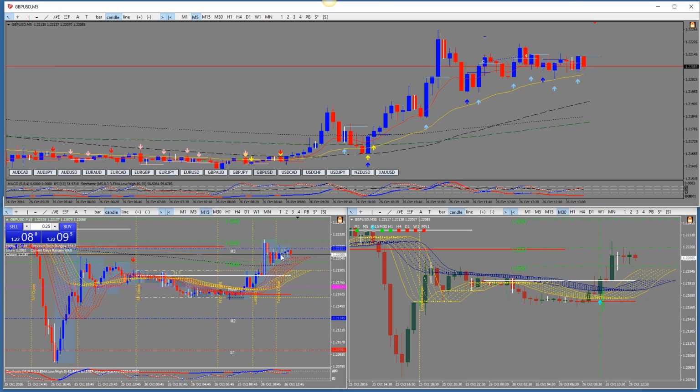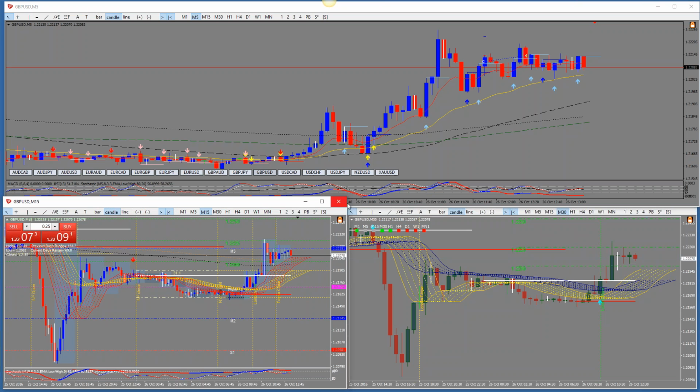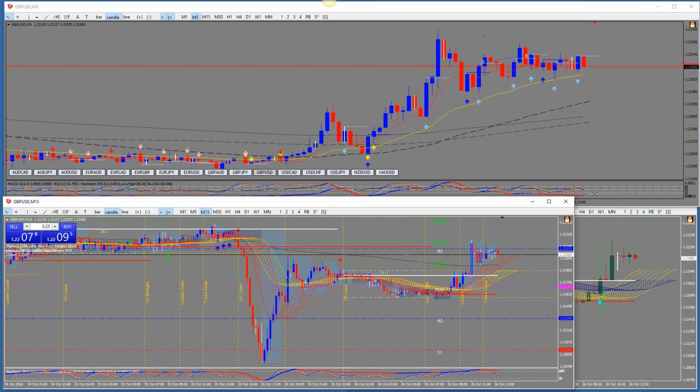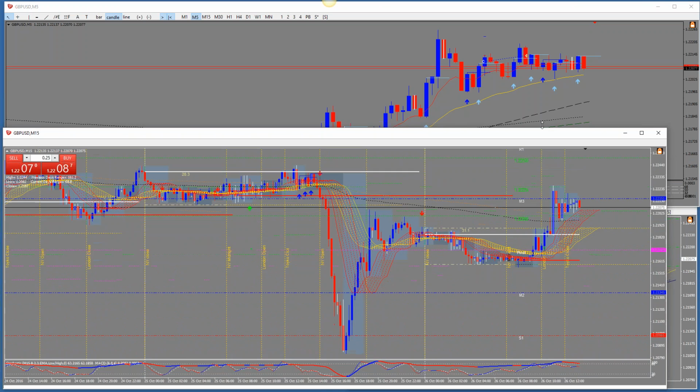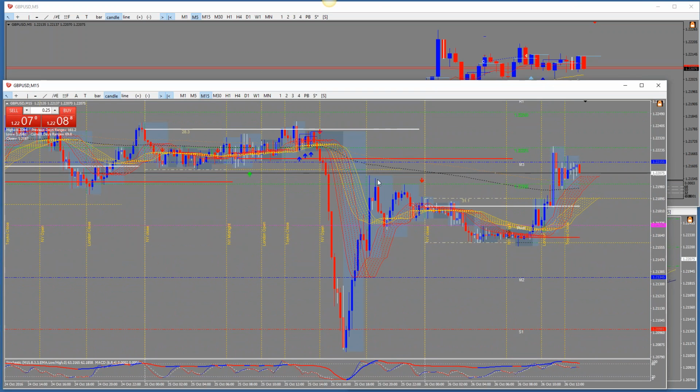And so here, for example, we have the 15-minute. I don't know if you guys can see this chart very well. I'll make it a little bit bigger. On the 15-minute here, we have a lot of resistance right here. So it's come back up into that consolidation.